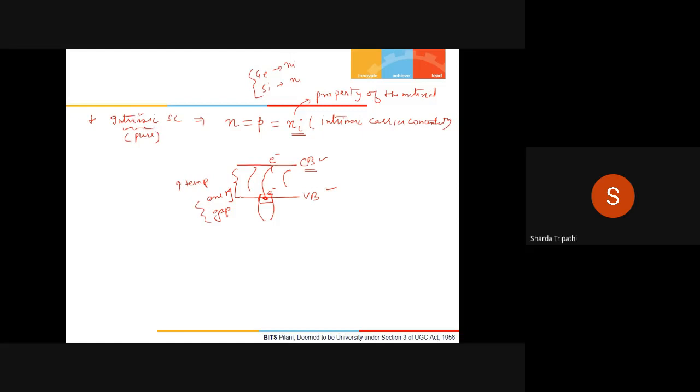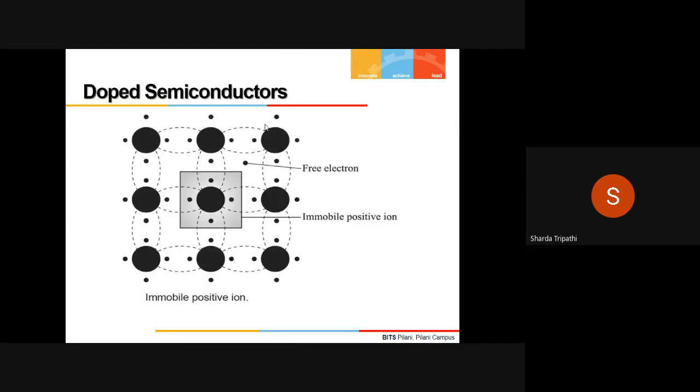But if you have an intrinsic semiconductor, then the concentration of free electrons will always be equal to the concentration of holes, and we call this the intrinsic carrier concentration. So remember that N is equal to P is equal to Ni. Now what we do is we add some impurities to the semiconductor.